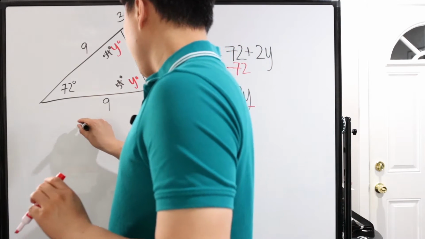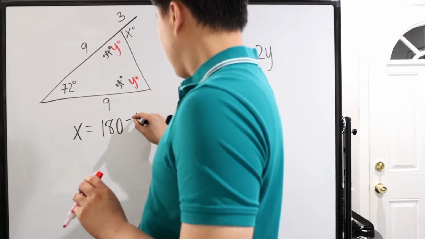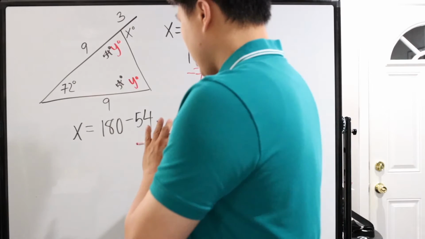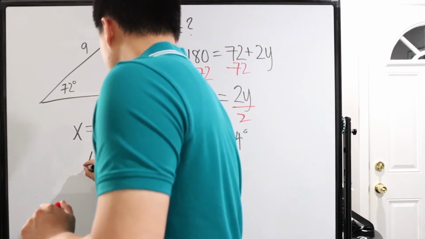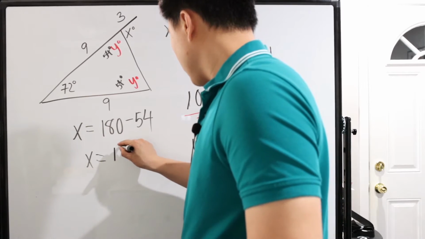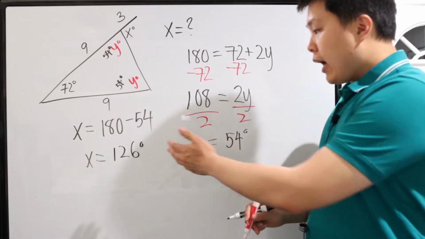So x equals 180 minus 54, which is 126 degrees, I believe. And that will be your answer.